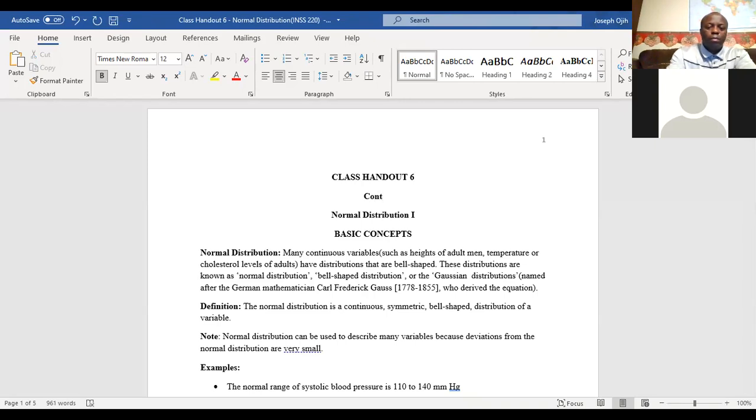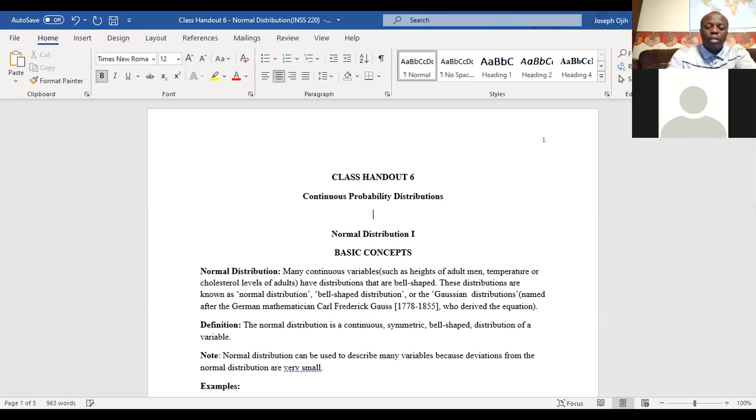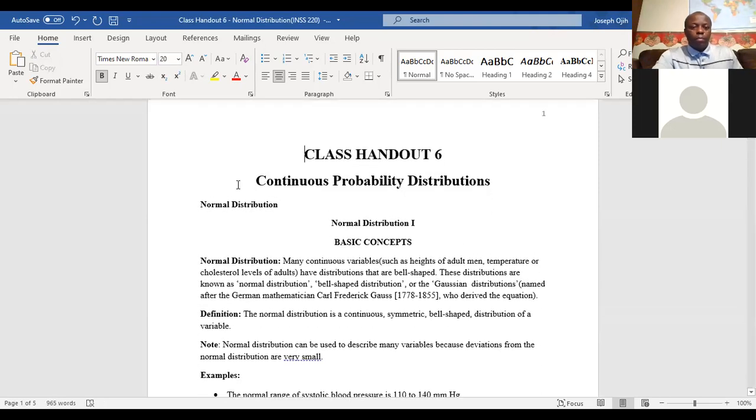So under the continuous probability distributions, let me put it this way. Under this group, we have the normal distribution.